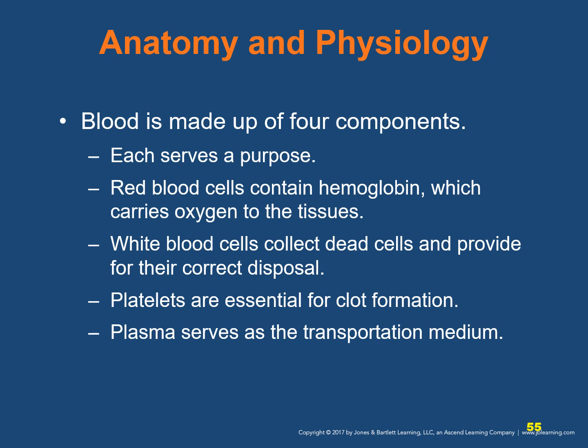White blood cells, or leukocytes, make up 0.1% to 0.2% of a person's blood cell volume. Collecting dead cells and providing for their correct disposal is part of the function of the blood system. It responds to infections.